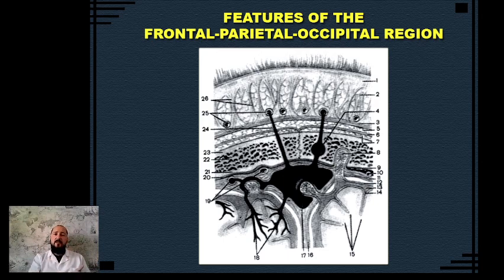Here, in the frontoparietal occipital region, we have a main magistral artery just inside the subcutaneous fat. Arteries, big veins, all of this stuff we have in the subcutaneous layer. And also another feature, the walls of these blood vessels are tightly bound to these fascicles.